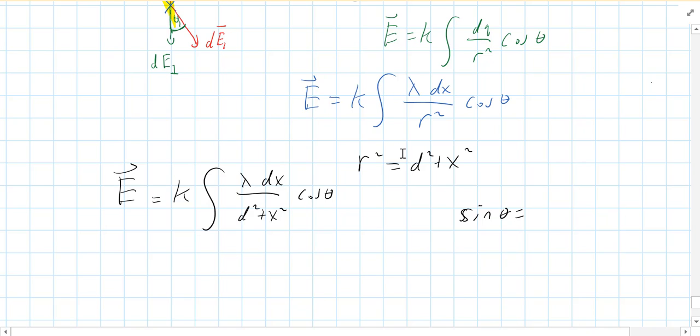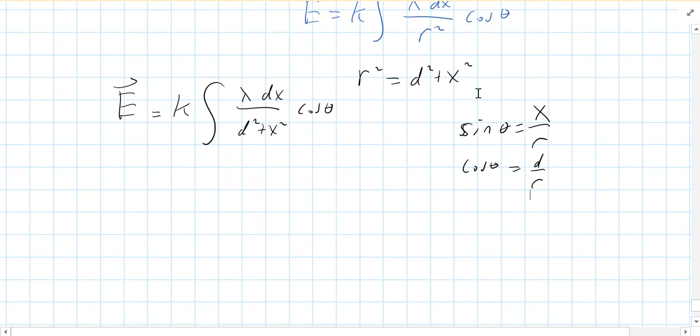There we go. I know cosine of the angle is d over r. Now, again, remember, r is equal to root d squared plus x squared. And tangent of the angle is x over d.